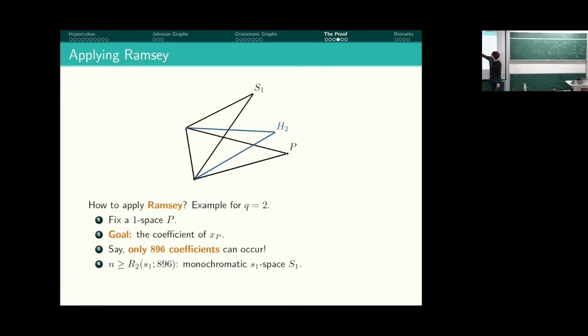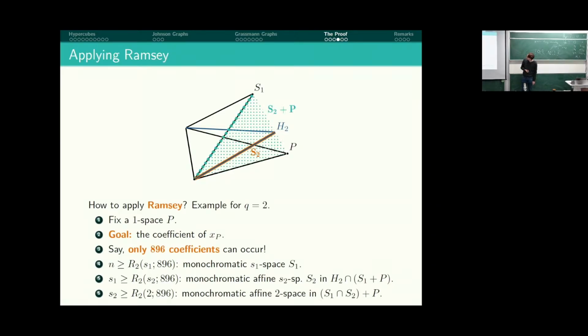So we look at another subspace here called H2. And if we make H2 large enough, then the intersection of H2 with the span of S1 and P will again be monochromatic. So we just need that S1 is larger than this Ramsey number. You can already see how this is a terrible bound on n because we have a tower of Ramsey numbers, where each Ramsey number, the best bound in general known, is based on the Hales-Jewett theorem.